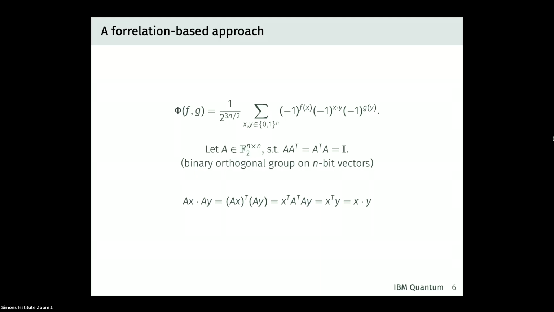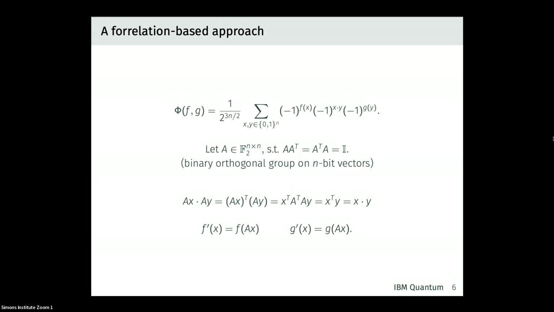So it turns out that, similar to when we learn about unitaries that they preserve the inner product, these binary orthogonal matrices will preserve the binary inner product between bit vectors x and y. If I start out with A times x and A times y as binary vectors, and I want to compute their dot product, you can just rewrite it this way, and it ends up being exactly the dot product between x and y.